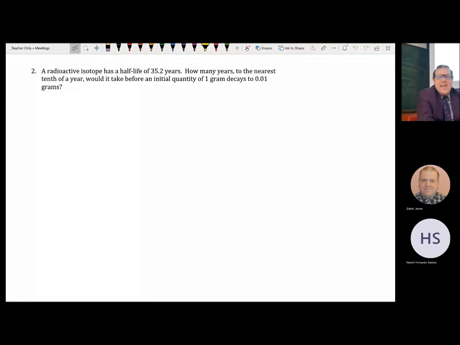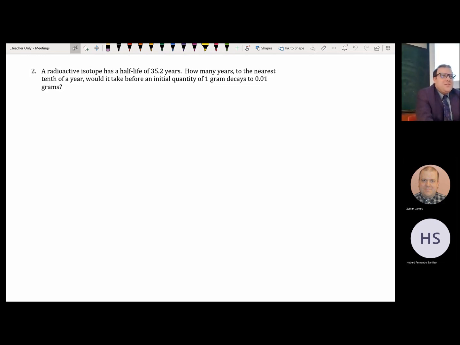A radioactive isotope has a half-life of 35.2 years. How many years, to the nearest tenth of a year, would it take before an initial quantity of 1 gram decays to 0.01 grams? So half-life is an interesting thing. Radioactivity is governed by the laws of quantum mechanics. The number one rule of quantum mechanics is you don't know anything.